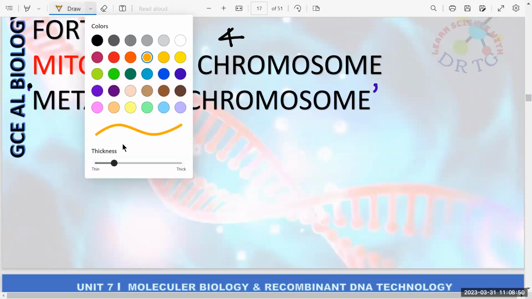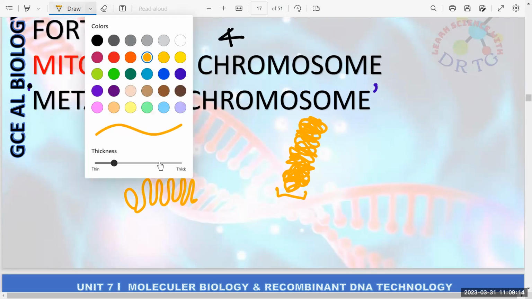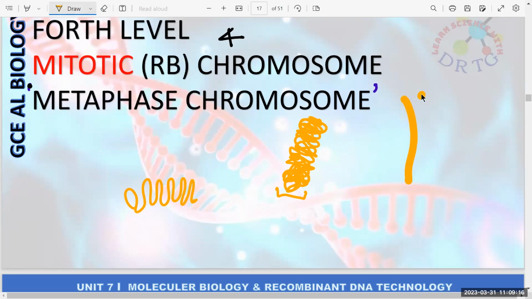What we learned so far is that this loop domain is going to further compress to make the chromosomes. This is a part of the chromosome now. In metaphase, we usually observe chromosomes in mitosis clearly, and we can see chromosomes in this X shape.